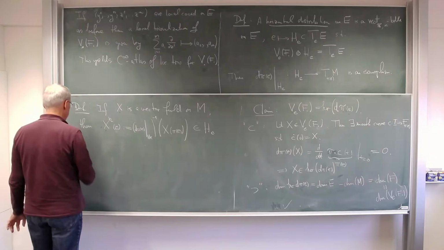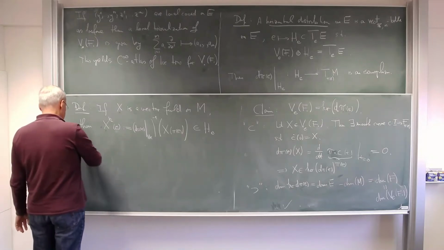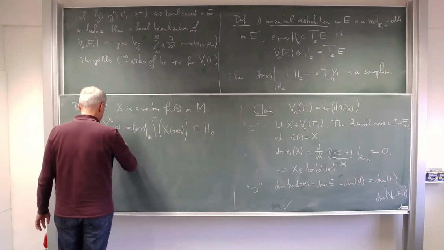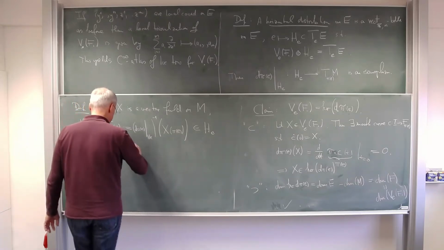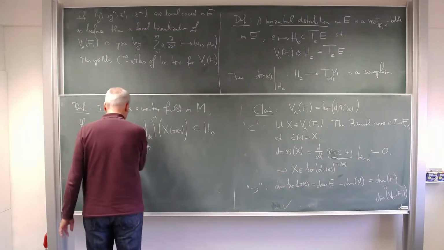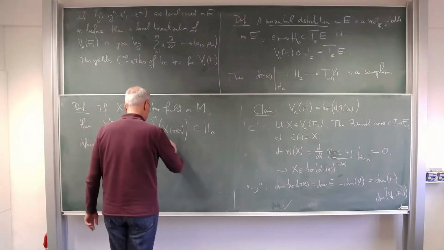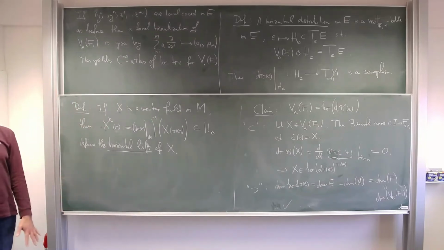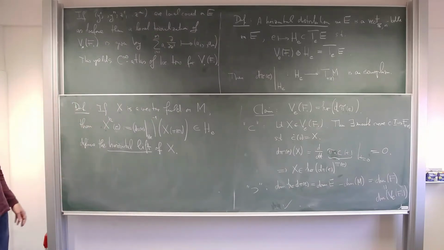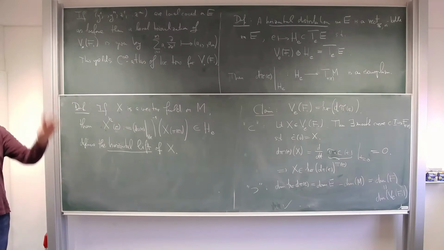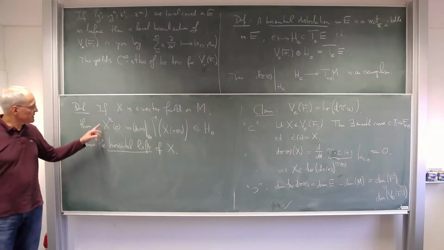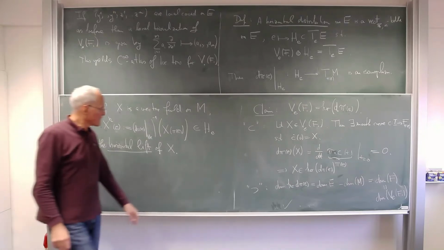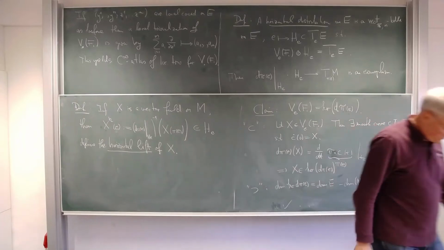So this defines the horizontal lift of X. So given the vector field on the base manifold, we can horizontally lift it to the total space, which is then a vector field on the total space, but a particular kind of vector field, namely one which always lies in this horizontal space. Okay, good.